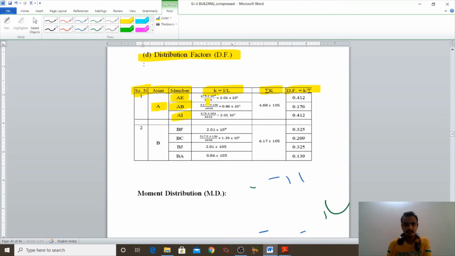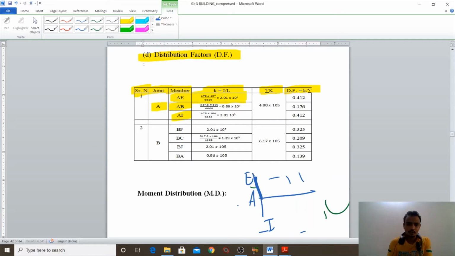A is a joint with E and I. E is a column.